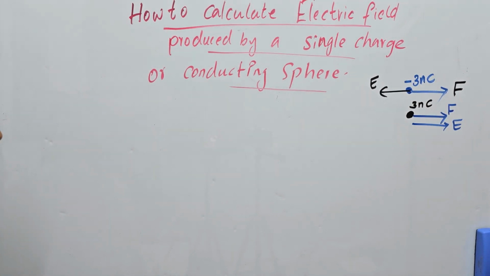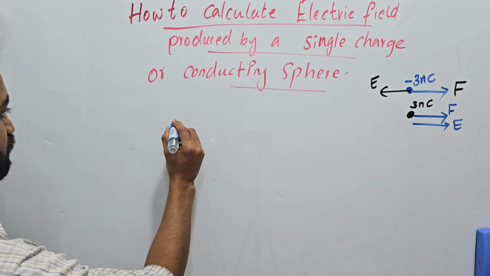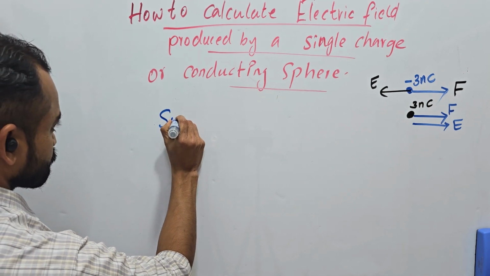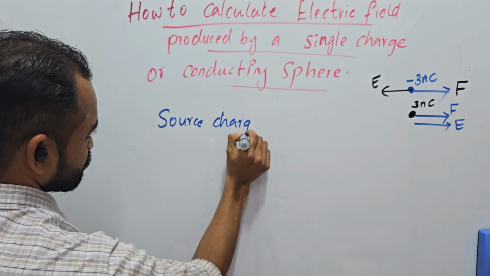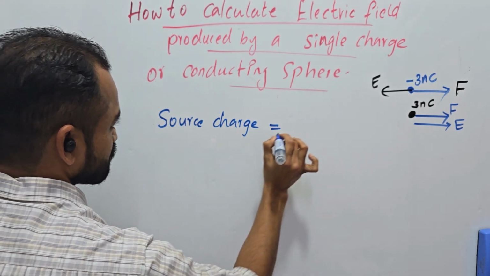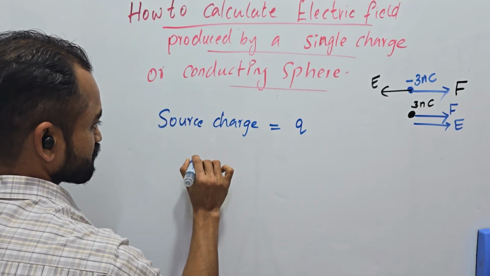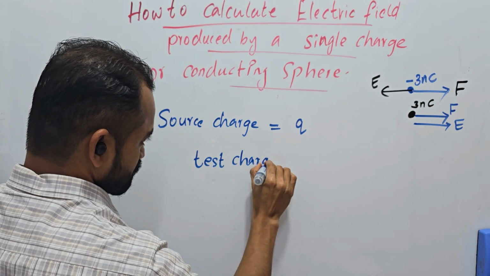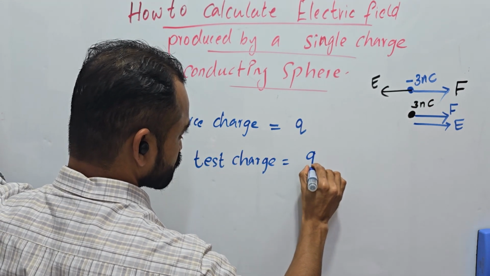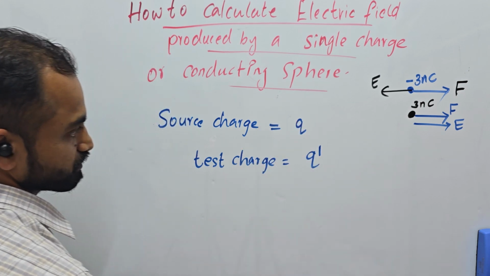Listen, in the textbook, the source charge is given like Q, and the test charge we call q prime or q dash.